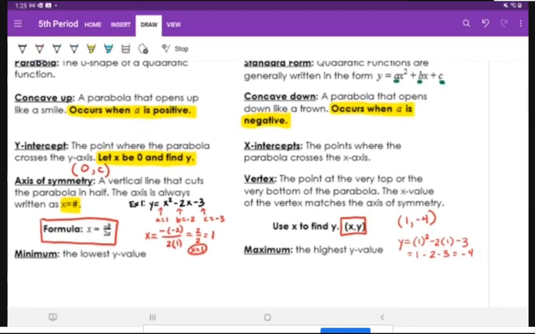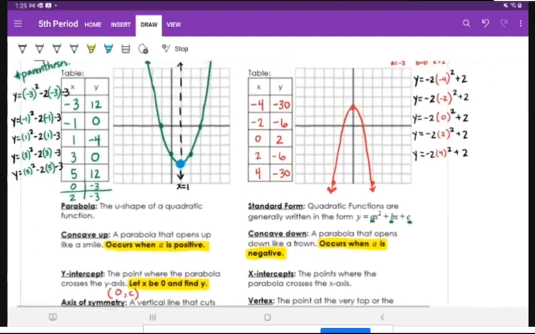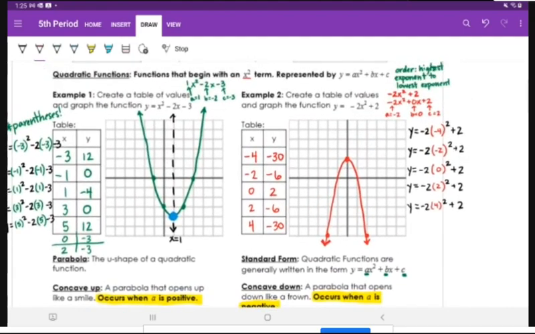Okay, there's one more concept we need to address, and that is the vertex is always called the vertex, but sometimes we give it a different name depending on where it's situated. If the vertex is at the bottom of your graph, we call it a minimum. So this vertex in example 1 would be a minimum.